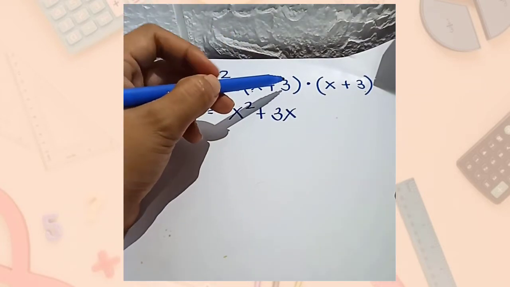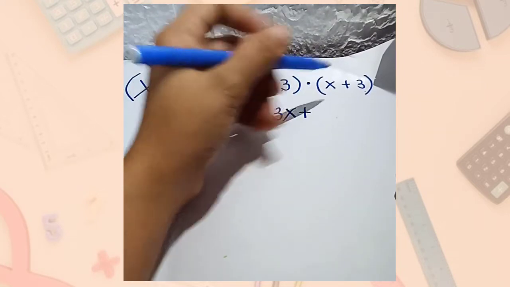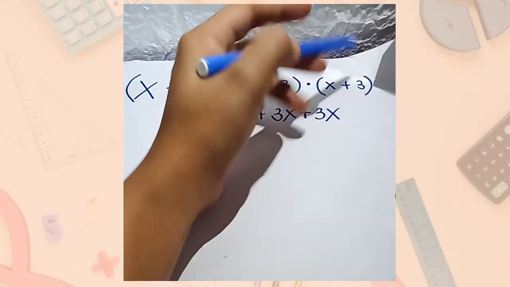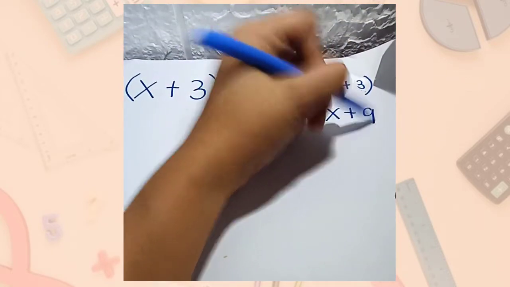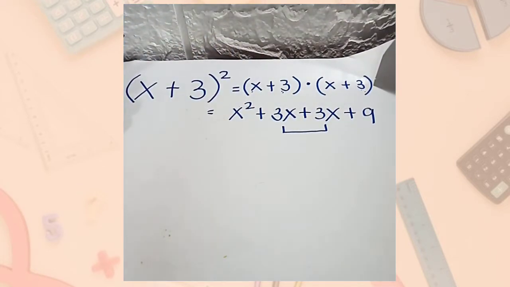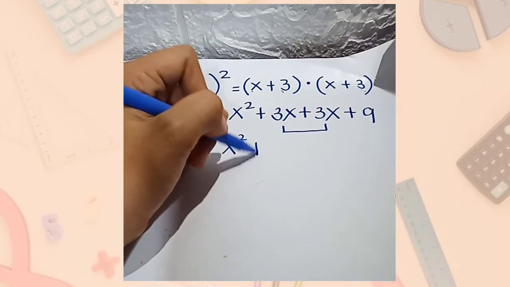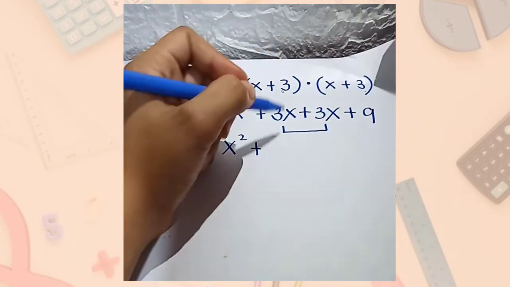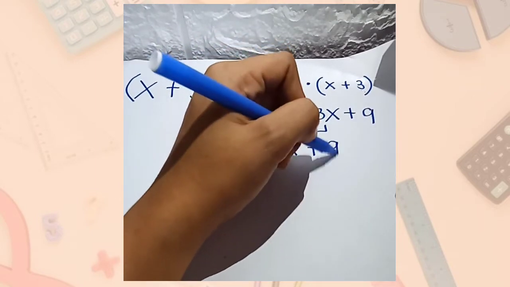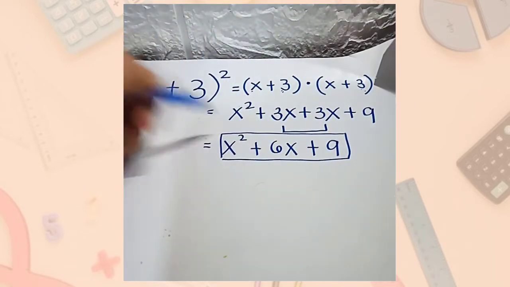Then, sumunod naman ay yung 3 times x, so magiging 3x. Then, 3 times 3 ay positive 9. Then, pagsasamahin natin yung magkaparehas na term. So, equals x squared plus 3x plus 3x ay equals 6x, plus 9. Therefore, ito yung ating answer.